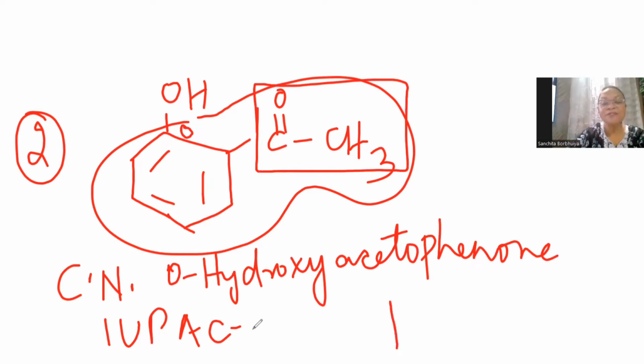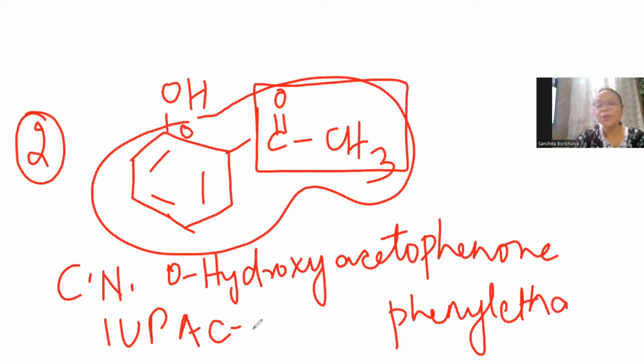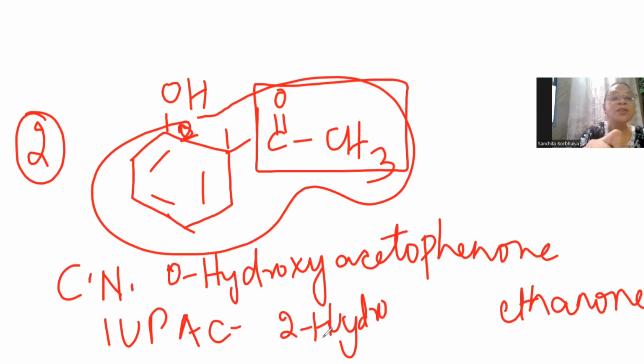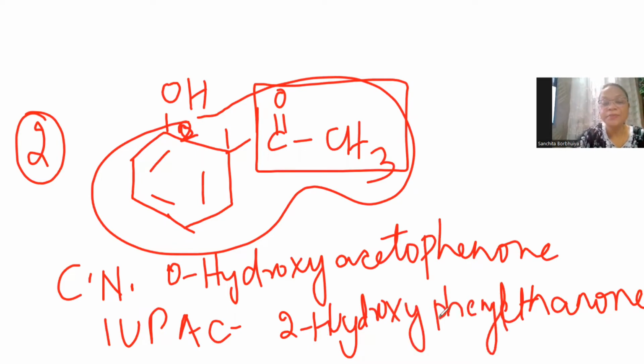So you could call it phenyl ethanone, where on the phenyl, the second carbon has the hydroxy group. You can call this compound 2-(hydroxyphenyl)ethanone. Keep this in brackets just to indicate that the hydroxy is attached to the phenyl. So this is 2-(hydroxyphenyl)ethanone.